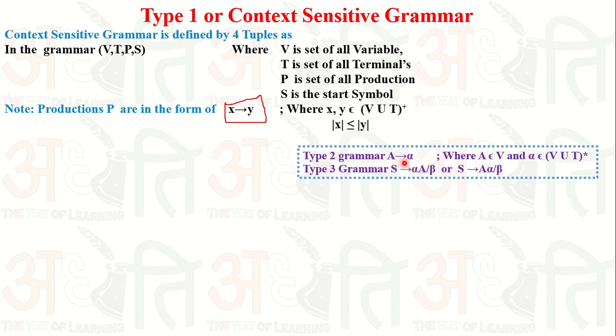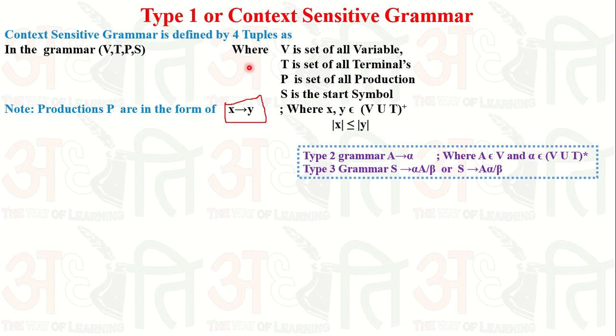Type 2 grammar is known as context-free grammar, which generates the context-free language, and the automata which accept that language is known as a push-down automata. Type 3 grammar generates the regular language, and the automata which accept it is known as a finite automata.